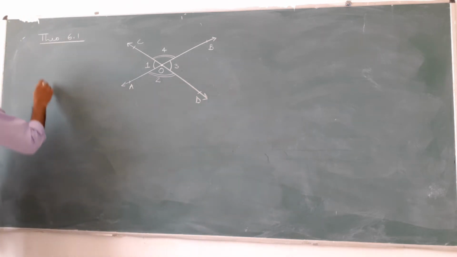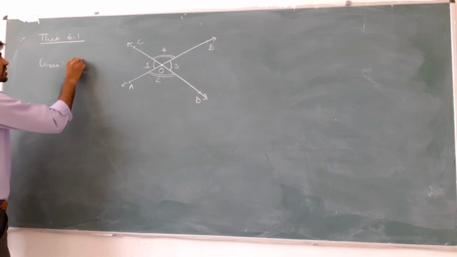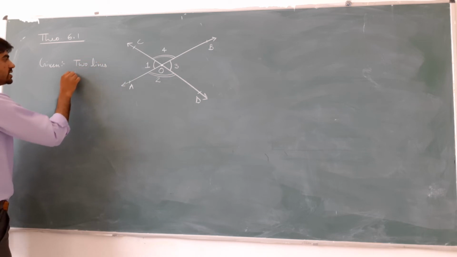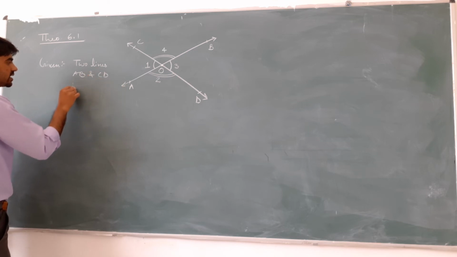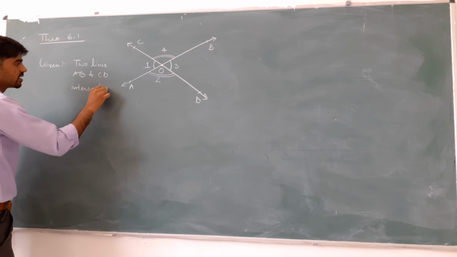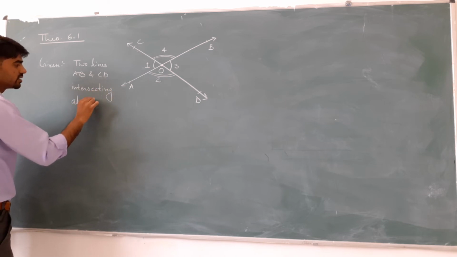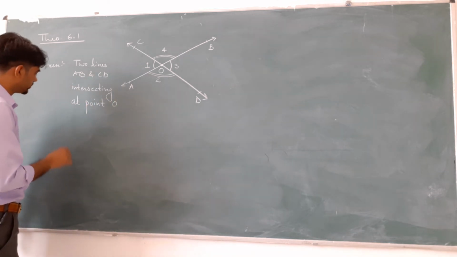So what is given for that? We'll write given here. Given: two lines AB and CD intersecting at point O. What we have to prove?